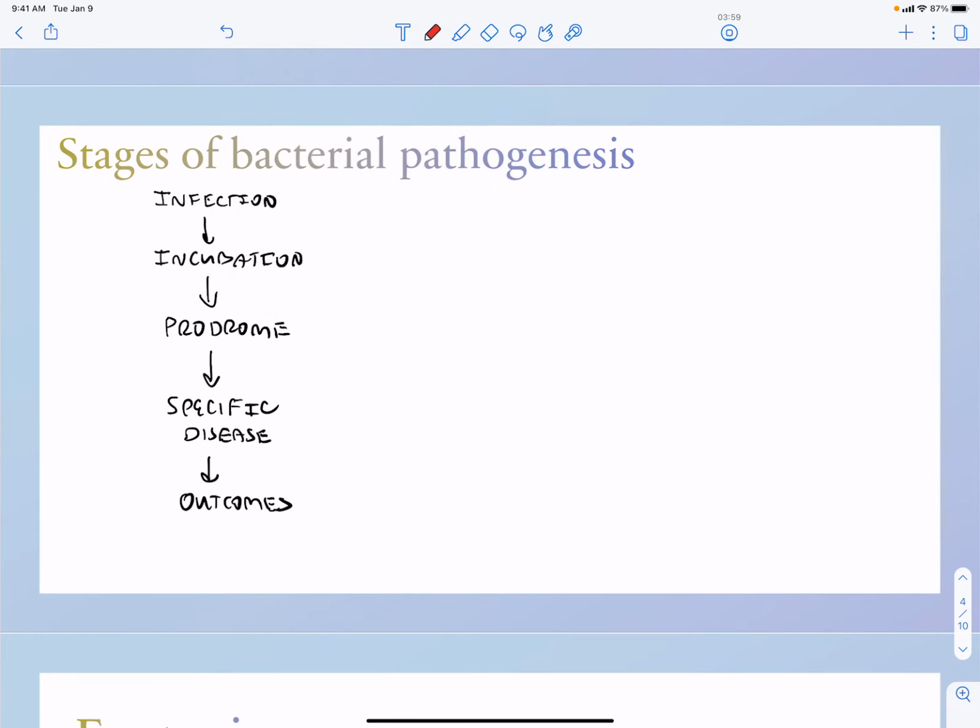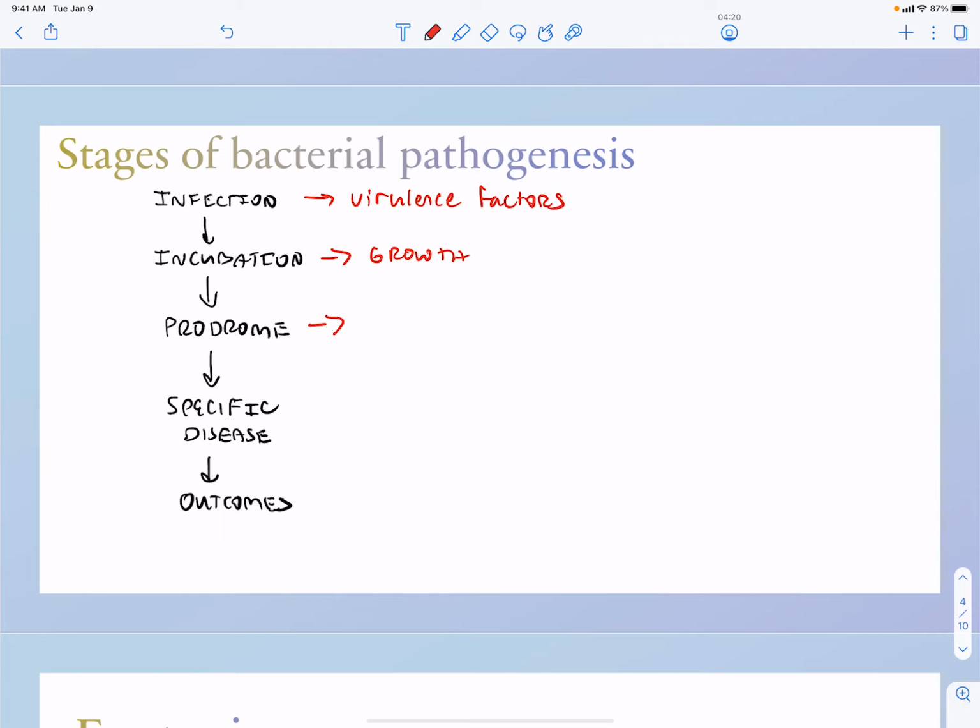And so for our infection, this is where you have your virulence factors. Well, if it has a pellicle, if it has binding proteins, etc., adherence proteins. Our incubation is where you have the bacteria growth.